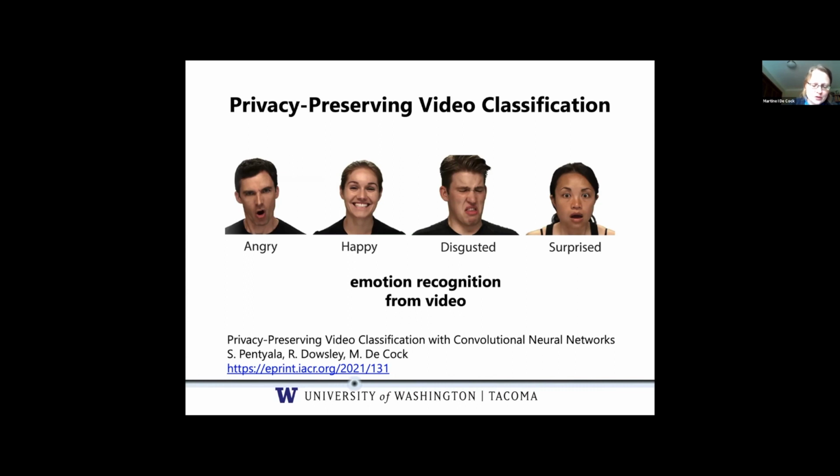And emotion recognition from videos like this is important for the development of empathy-based AI systems. Yet we don't want, of course, these applications to freely collect and view all of our video footage.